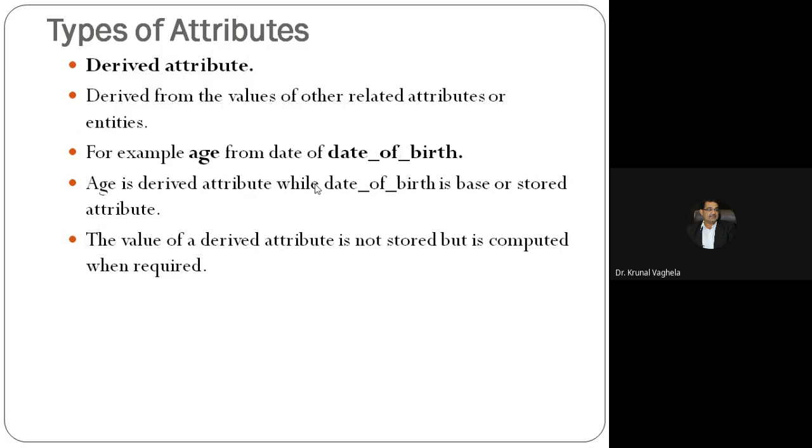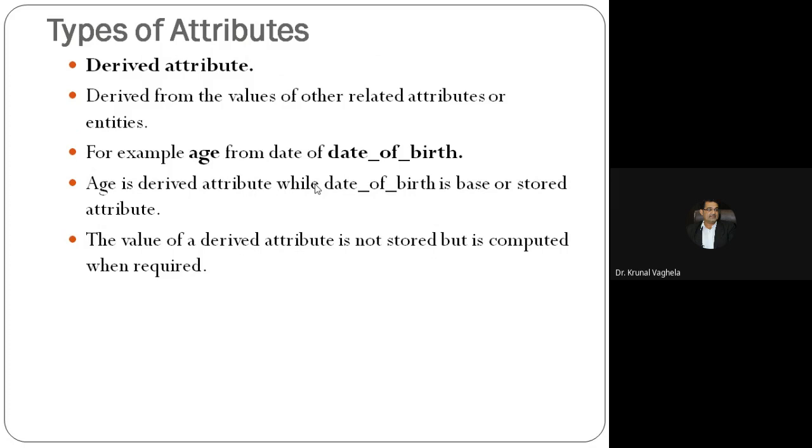Now derived attribute. Now we have seen simple and composite, single valued, multi-valued, and the third one is derived attribute. A derived attribute is derived from the value of other related attribute or entity. Derived means calculated.